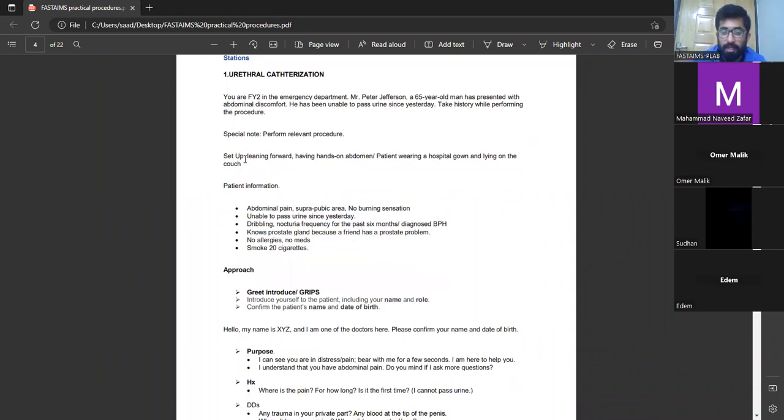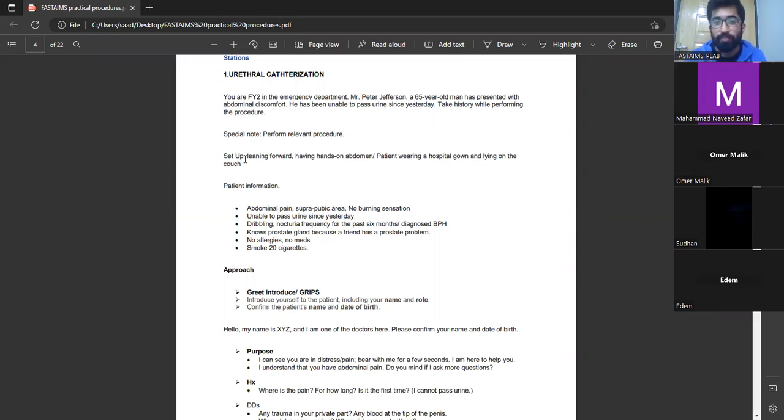Okay, setup. So this station comes in 2 ways. One way is that Peter Jefferson would be leaning forward, having hands on the abdomen and crying with the pain. He would not be seeing you. He would just be looking down at his feet. So when you enter the room, you will see the patient sitting like this, leaning forward.